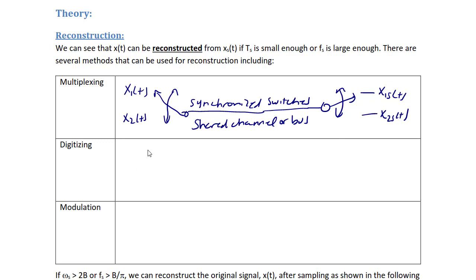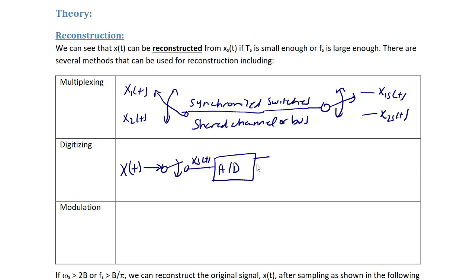Or you could use digitizing. This looks similar to what we drew for the last lecture, where you have x of t, and the input is through a switch, where the output is xs of t. And that now goes to an analog to digital converter in order to quantize the data to reduce the memory to be able to transmit it.